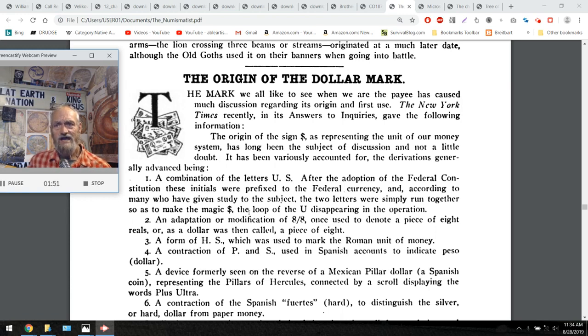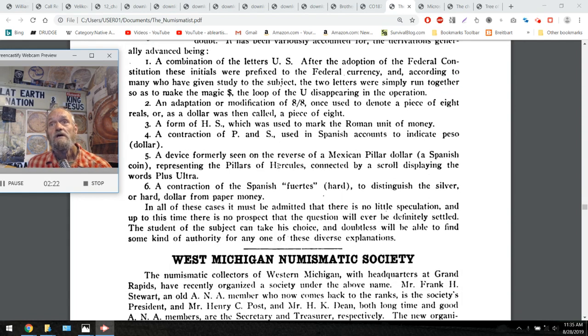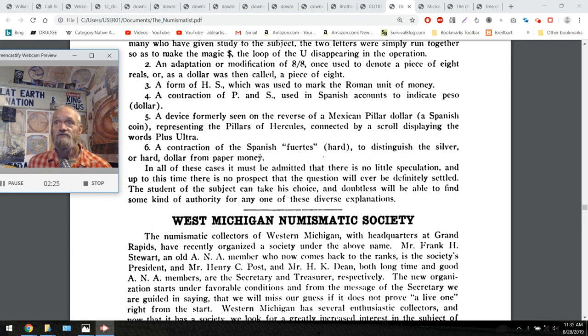A form of HS, which was used to mark the Roman unit of money, a contraction of P and S, used in Spanish accounts to indicate a peso, a dollar, a device formerly seen on the reverse of the Mexican pilar dollar, a Spanish coin representing the Pillars of Hercules, connected by a scroll displaying the word plus ultra. That's interesting. Hadn't heard that one. A contraction of the Spanish fuertes, hard, to distinguish the silver or hard dollar from paper money.